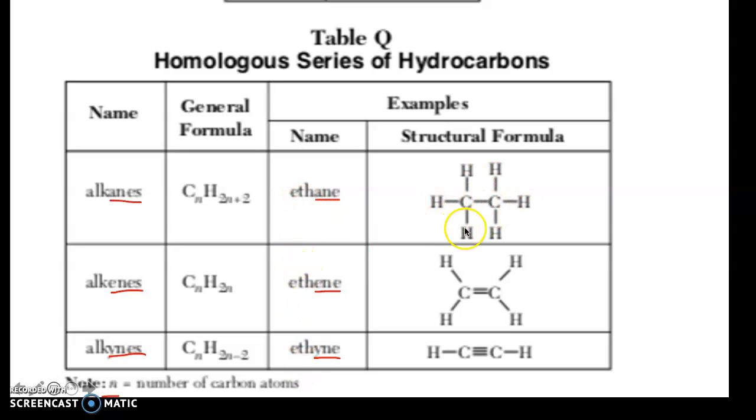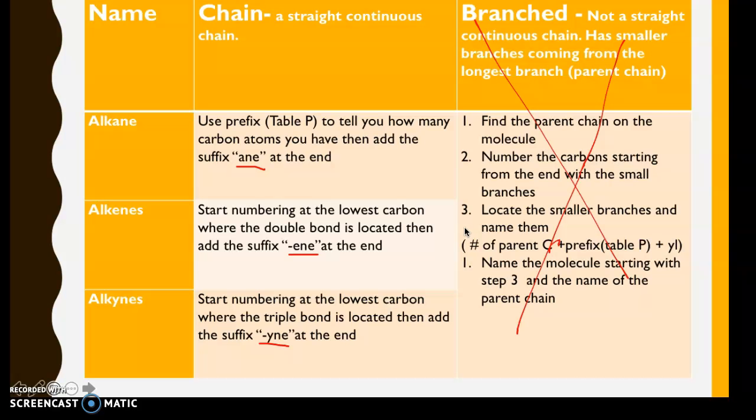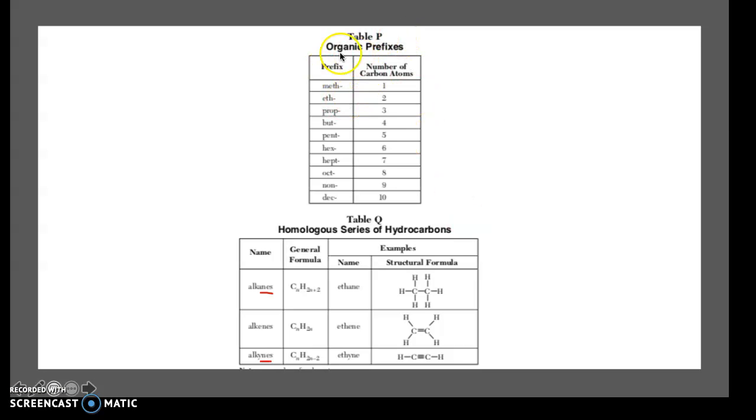It depends on the number of carbons. So the number of carbons we can go and find on table P, and table P will tell us what we're going to start the name off as based on the number of carbons. So if I count 2 carbons, eth, meaning what it is, eth would be my prefix, and then whether it's an alkane, alkene, or alkyne, I'll end it with the suffix.